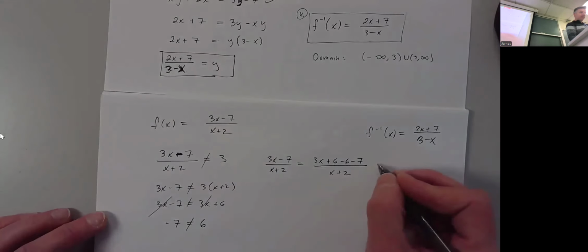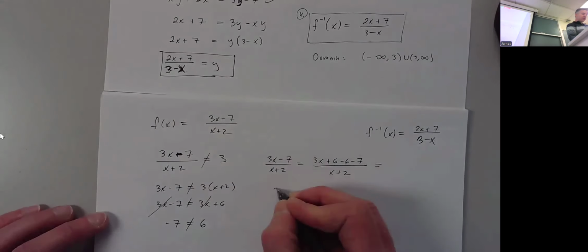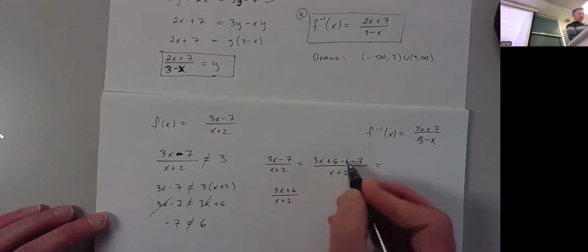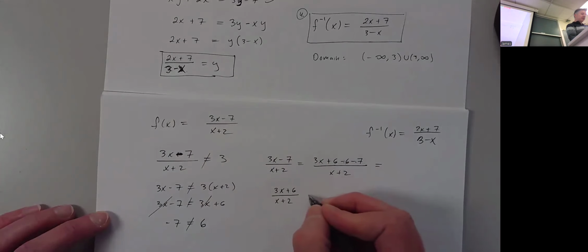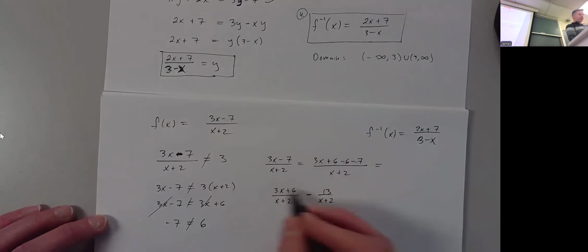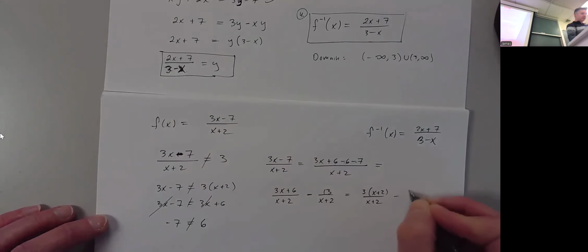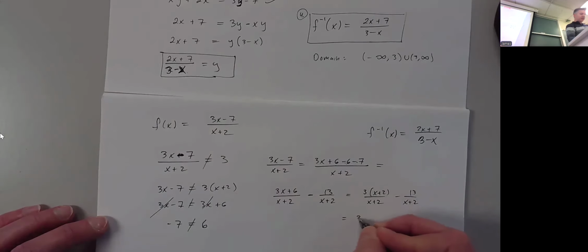But then I'm going to break this up as (3x + 6)/(x + 2). And then -6 - 7 is -13, so minus 13 over x + 2. But (3x + 6)/(x + 2) is really 3 times (x + 2) over (x + 2). And as long as x isn't -2, this is just 3 - 13/(x + 2).